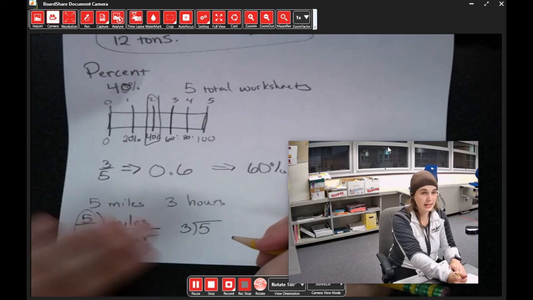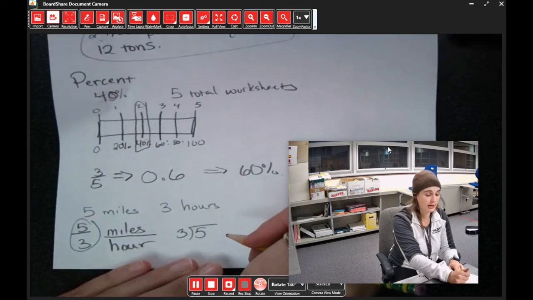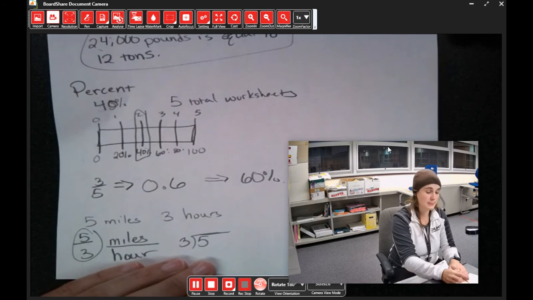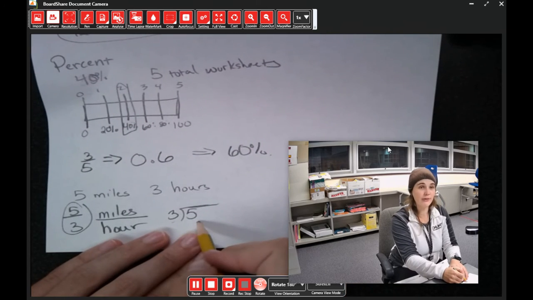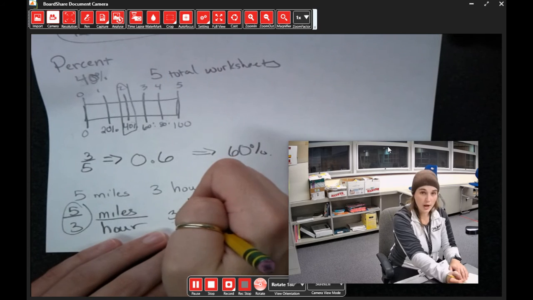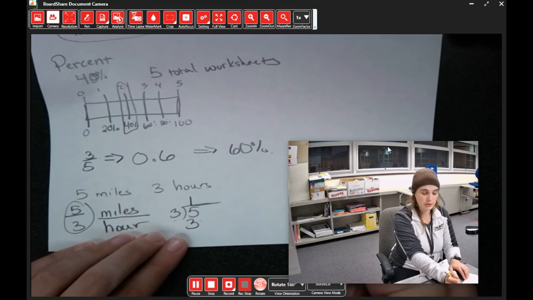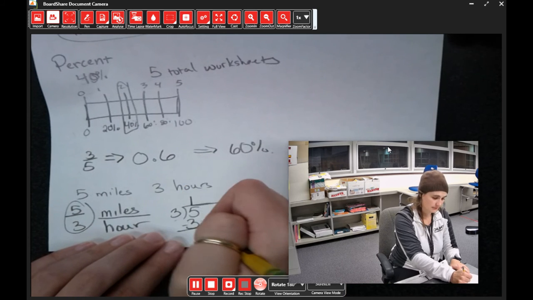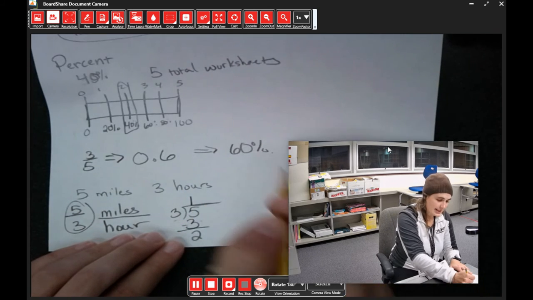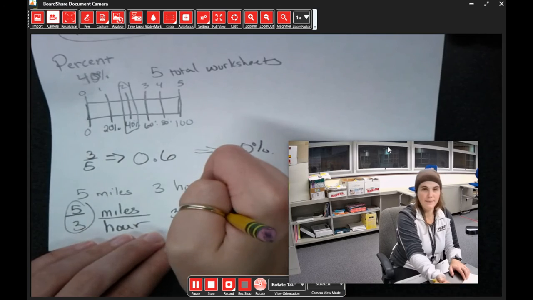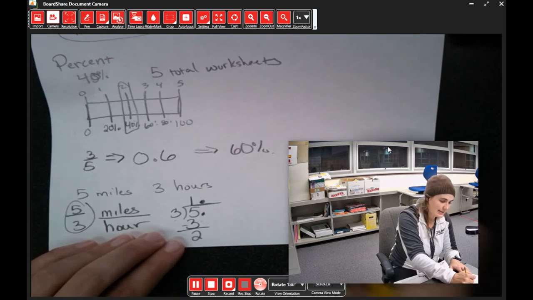All right, ready? We're doing it with me virtually. I hope this works. 3 goes into 5 one time. 1 times 3 is 3. 5 minus 3 is 2. Put a decimal point. Keep that decimal point. Annex a 0.